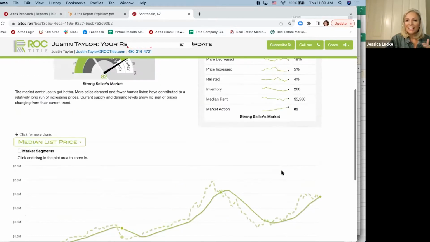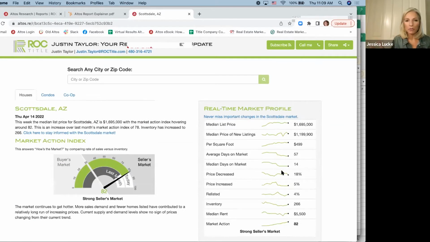Then you're going to have people, I sadly always throw my mom under the bus, but I say, if I were to show this report to my mom, she'd be like, just tell me like it is. This is far too confusing for me. I don't want to look at it. We have content that talks specifically about what's happening within the real-time market profile. So there's something for everyone.